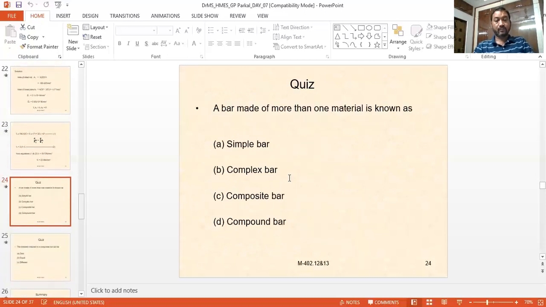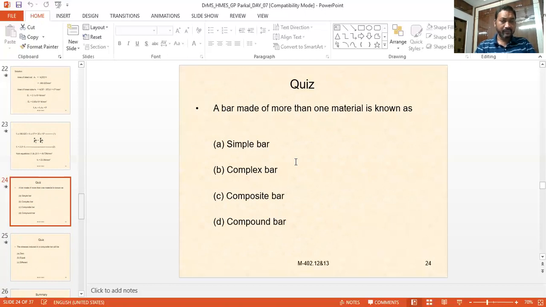Now coming to the quiz. A bar made up of more than one material is known as: option A, simple bar; option B, complex bar; option C, composite bar; option D, compound bar.